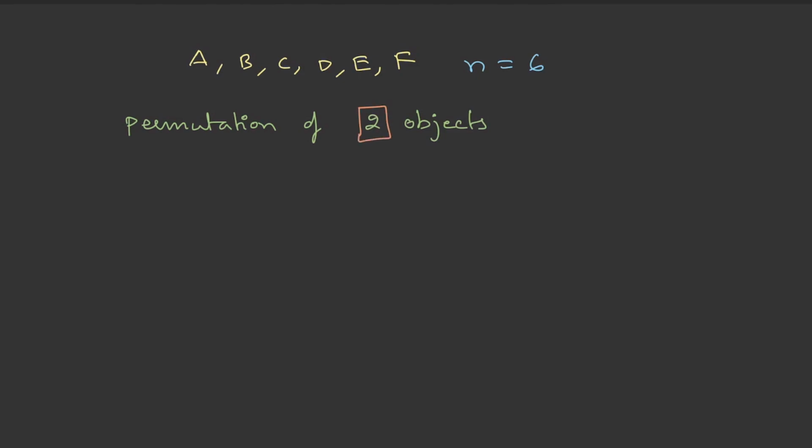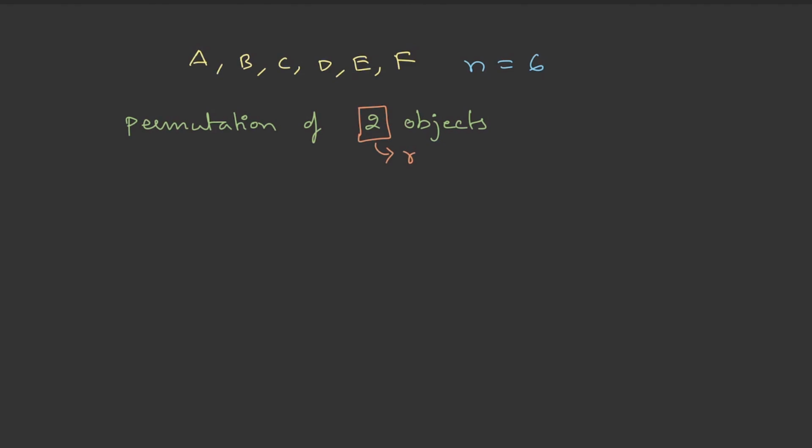Now what if instead of n objects we are asked to take only a few objects? Suppose I have A, B, C, D, E and F, that is n is 6 objects, and suppose the question asks what is the permutation of 2 objects. Though we have 6, we are supposed to take only 2, and after selecting the 2 we need to do the arrangement. So this 2 that we are selecting can be taken as variable r.